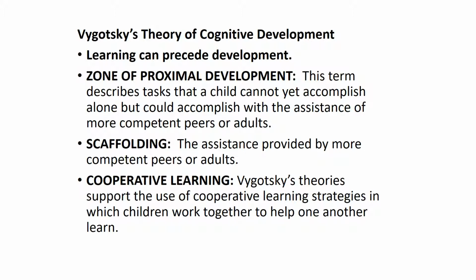He talked about scaffolding, or providing assistance, and usually this is provided by the teacher or by competent peers. He talked about cooperative learning. Children work together to help one another learn. This is different than advanced students teaching students who are struggling, in that they're learning together.